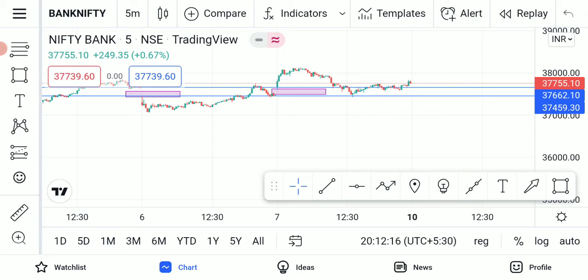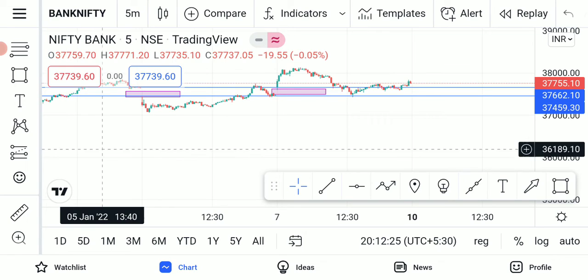It will act as a good support and it will go back up again. So don't try that. If it has reached a gap support, simply take the profit and come out. Then you can book the profit and take a call option, and you will benefit. This is what I am trying to explain to you guys.